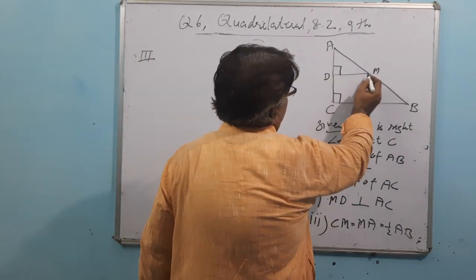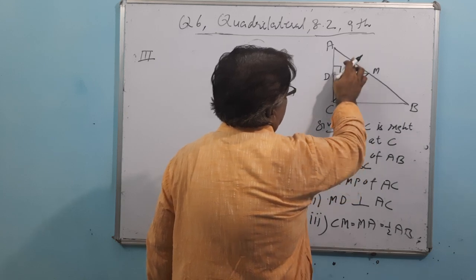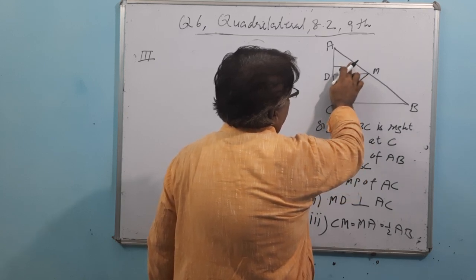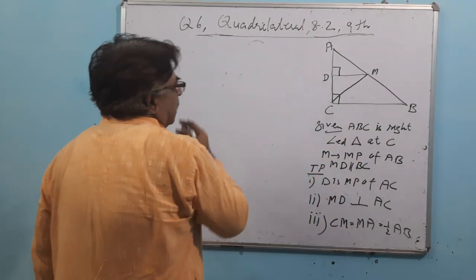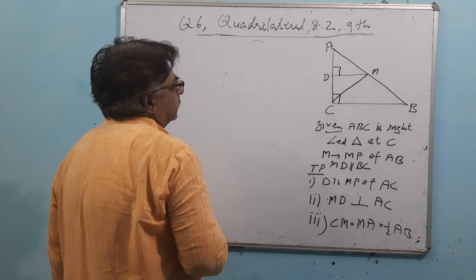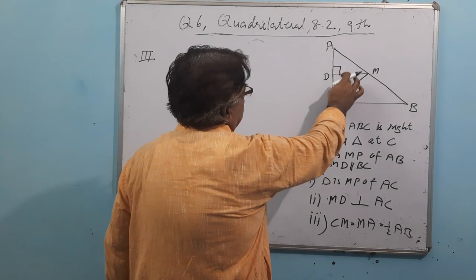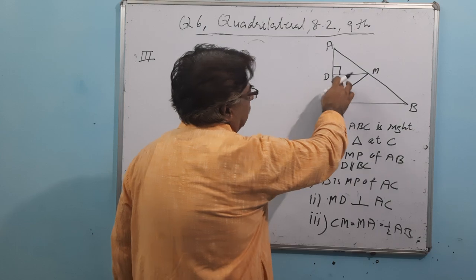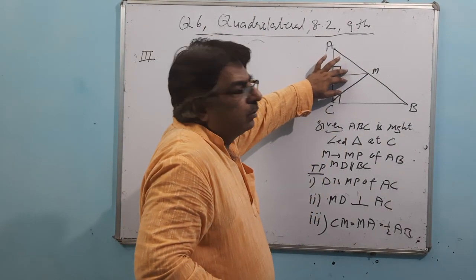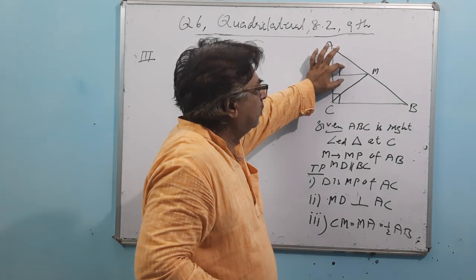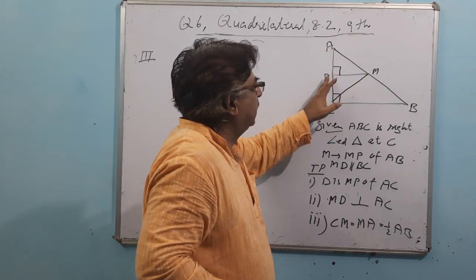We have to show that CM is equal to MA and both are equal to the half of AB. So, we are going to prove these two triangles congruent. These two triangles, ADM and CDM.